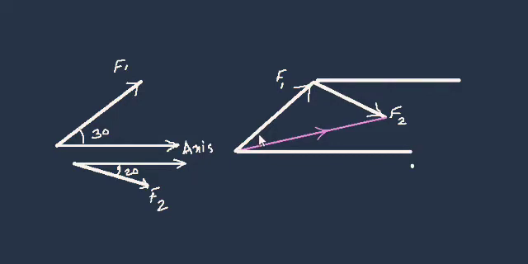So as long as you maintain that 30 degree with the x-axis, you can move that vector anywhere. And you have another vector F2 which is making an angle 20 degree with the x-axis. Again, as long as you maintain the 20 degree with x-axis, you can move that vector anywhere. Also, you need to make sure that you maintain the magnitude or the length of the vectors same as the original.